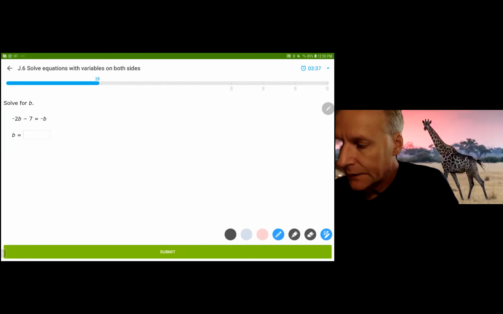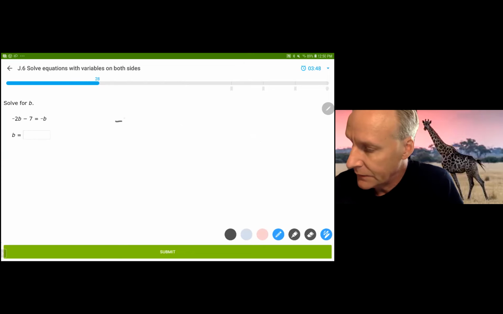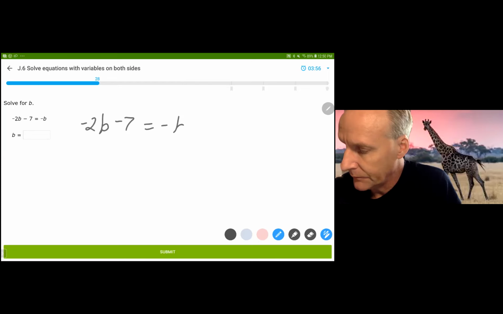Here's one that is a good example. We've got negative 2b, sorry, I did a little tail on my b. Negative b. And I'm going to add 2b to both sides.